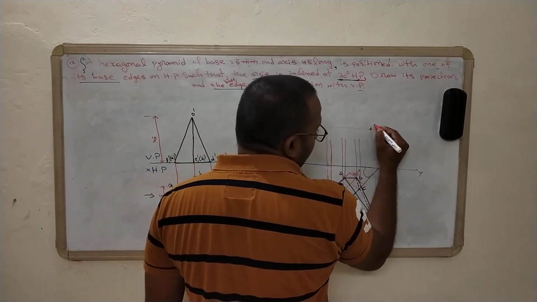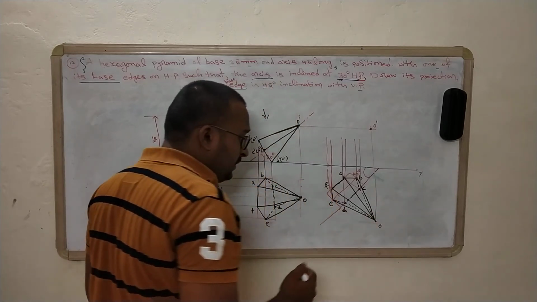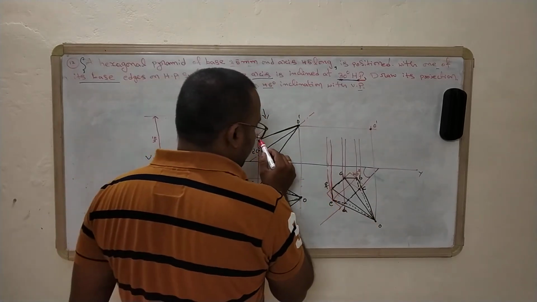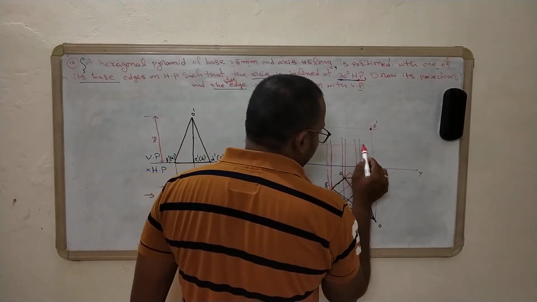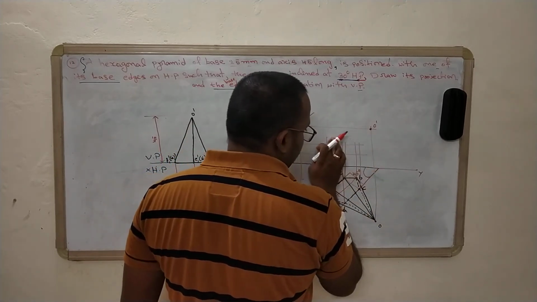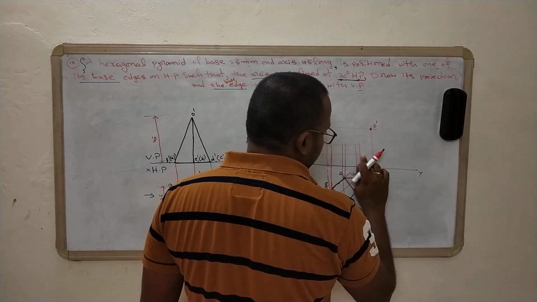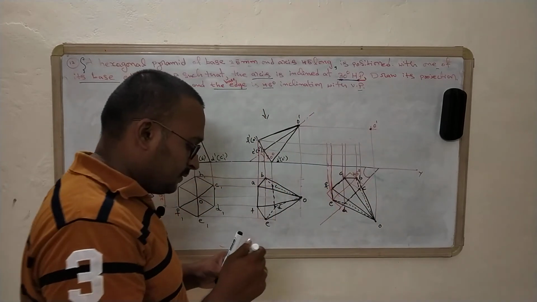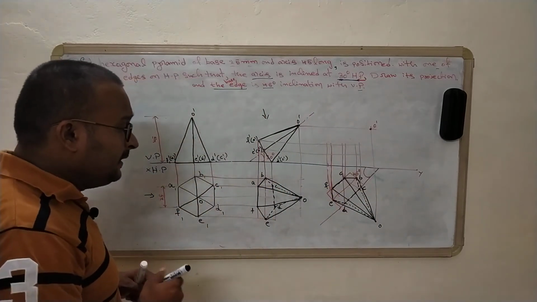Here this is the O dash point, right? So these are all the intersecting points.